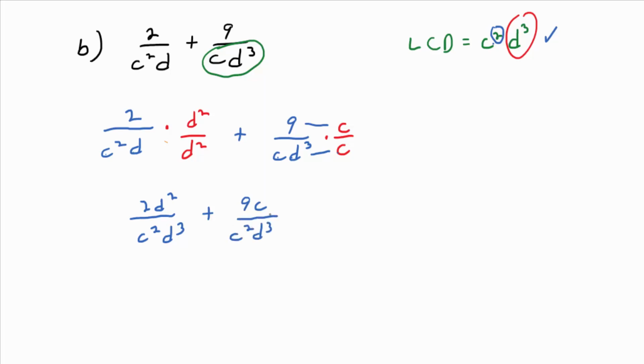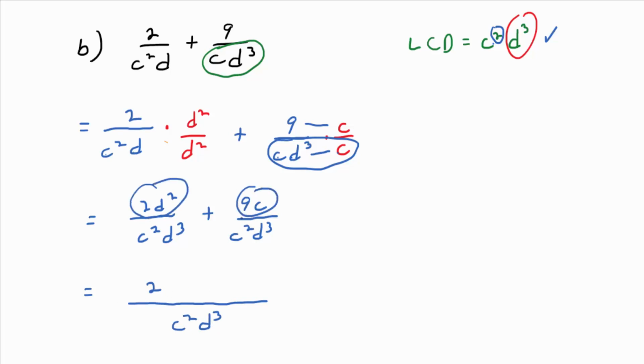Verify that when you do the multiplication down here that you do in fact get that common denominator, because if you don't, you did something wrong. You're multiplying by the wrong thing. Okay, so then how do we actually do the addition? I'll start with the common denominator, c squared d cubed, and then what does the numerator look like?